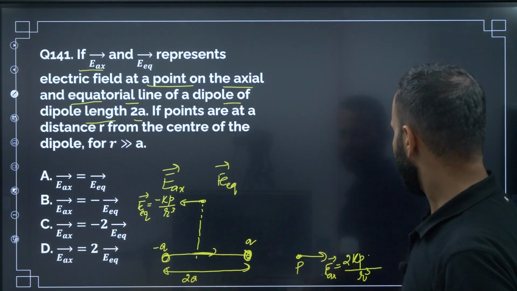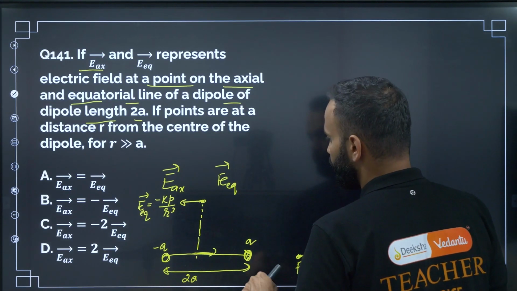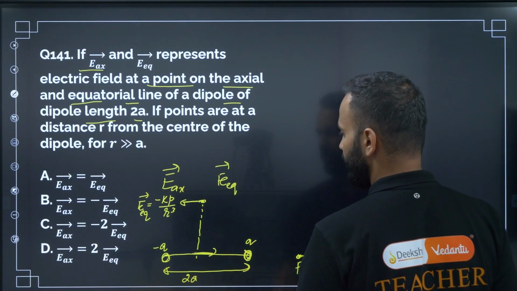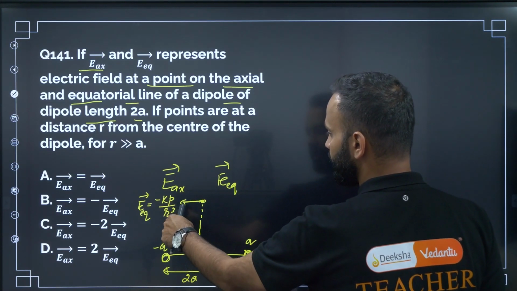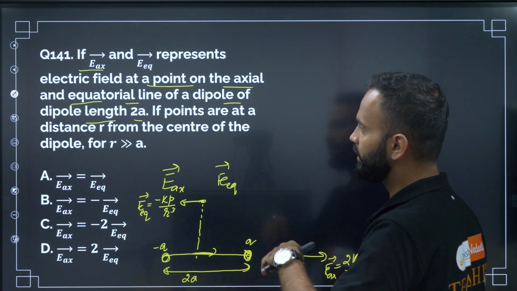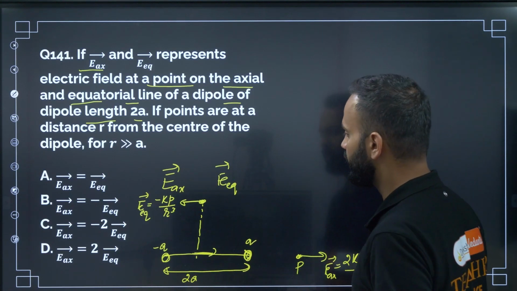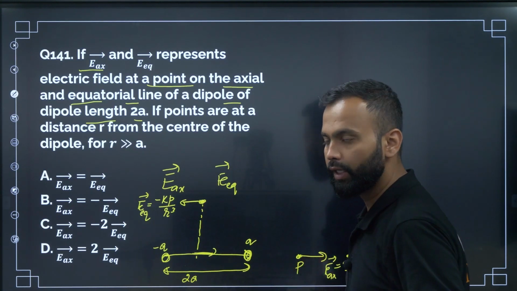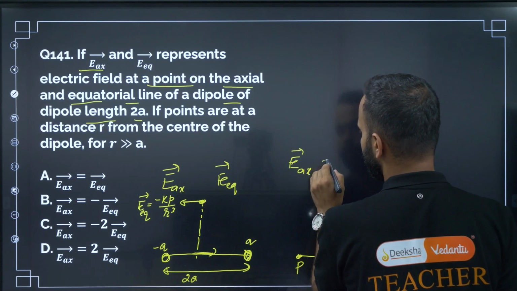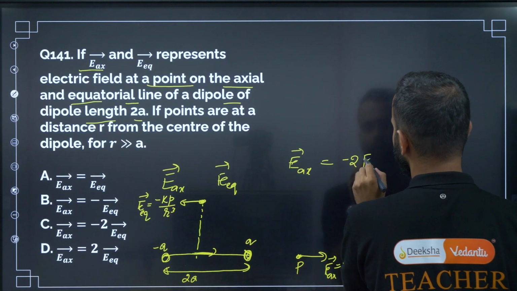So now we need to find the relationship between E_AX and E_EQ. The electric field at the equatorial line is minus kp by r cube. Comparing these two equations, E_AX vector is equal to minus 2 times E_EQ.